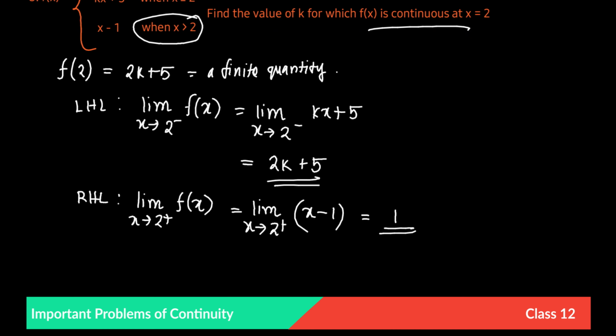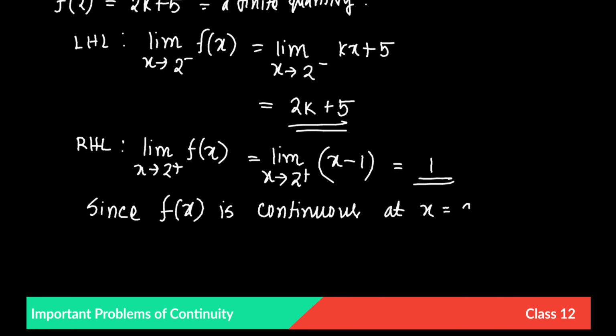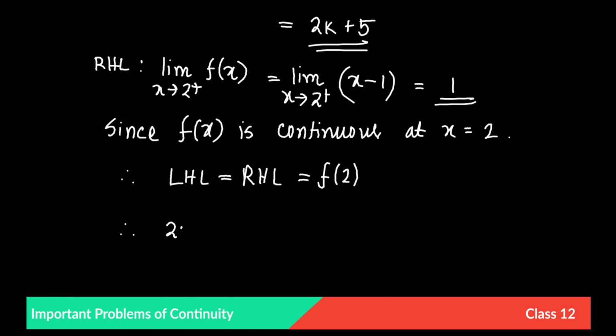So we can write here that since f(x) is continuous at x equals 2, LHL equal to RHL equal to f of 2. So 2k plus 5 equal to 1 equal to 2k plus 5, since f of 2 and LHL are the same.